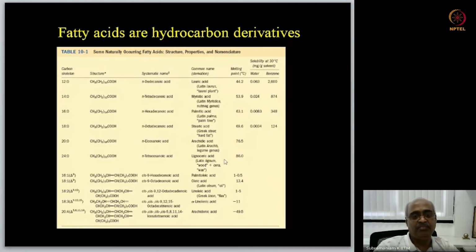They are usually solid at room temperature. Their melting point depends on the chain length and the degree of unsaturation, how many double bonds, etc. They are usually not soluble in water because they are very hydrophobic. So they are soluble only in hydrophobic solvents like organic solvents.